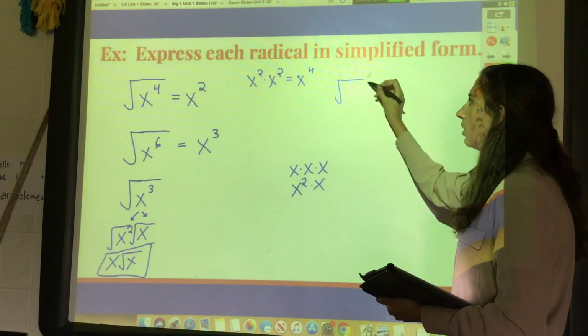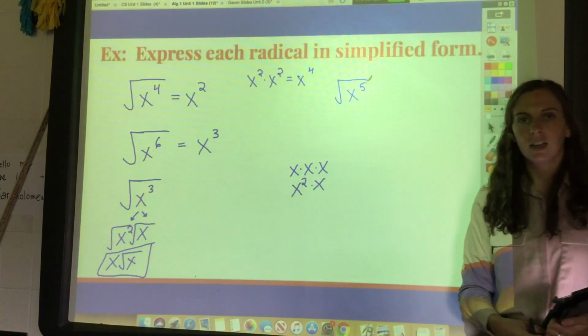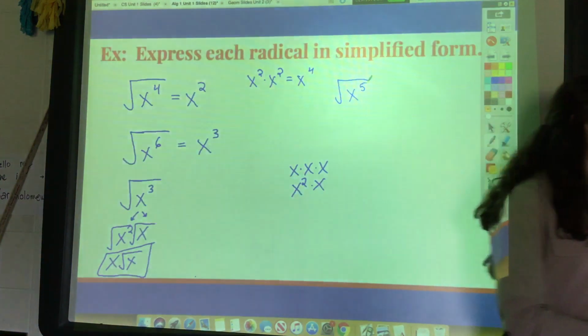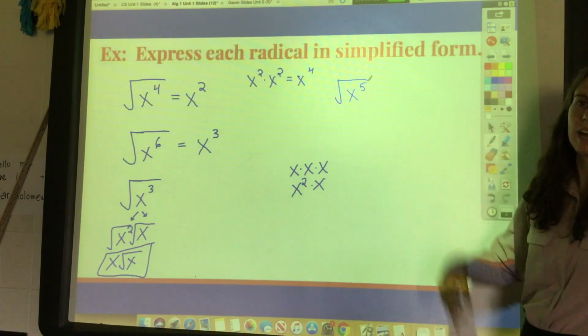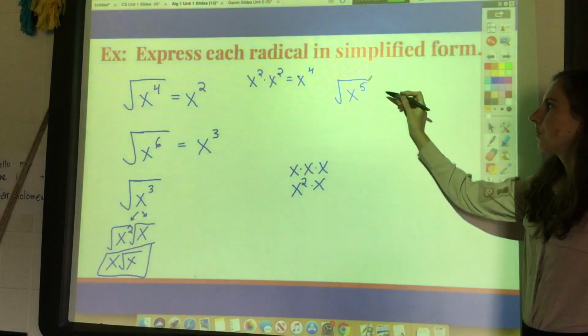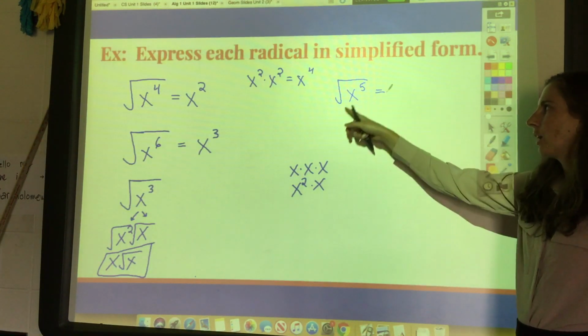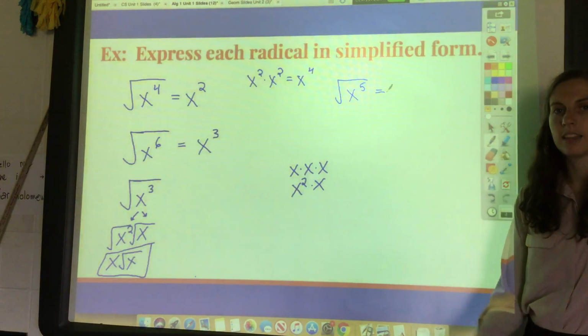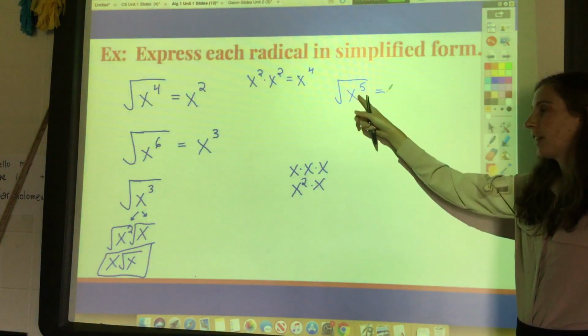What about the square root of x to the 5th? Again, with these odd exponents, it's not going to be possible to come up with something times itself to give you that. So instead, let's think about how we could break up x to the 5th into something that we could square root. This is 5 x's here.